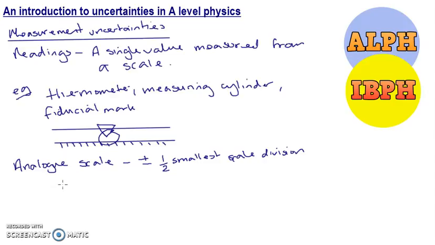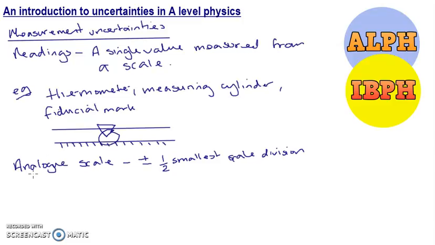Apologise for my writing. So if we've got a ruler and we're taking a reading and our ruler measures to the nearest 1 millimeter, then we don't know if it's exactly half that way or half that way. So we've got an uncertainty of half a scale division. So this reading here is slightly to the left of this mark, but still that's the closest mark we can read to. So we say it's here, but plus or minus half the smallest scale division.